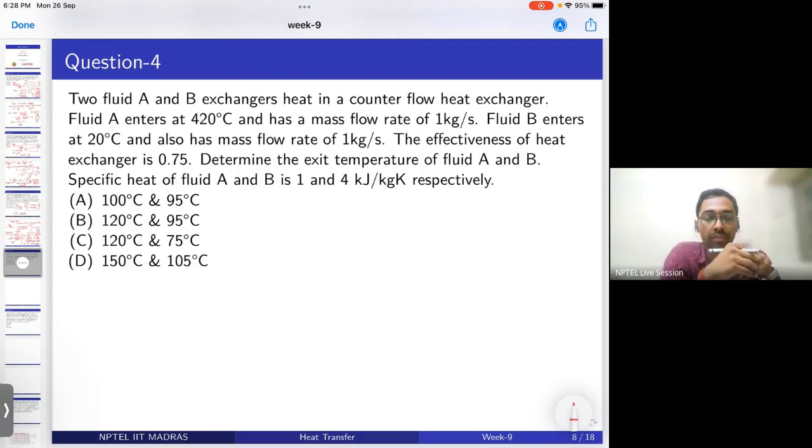The effectiveness of the heat exchanger is 0.75. Determine the exit temperature of A and B. This is actually a similar kind of question we already solved, similar to the previous questions.